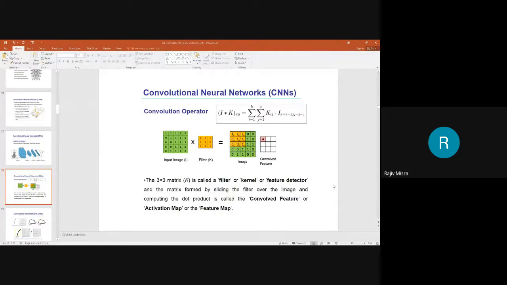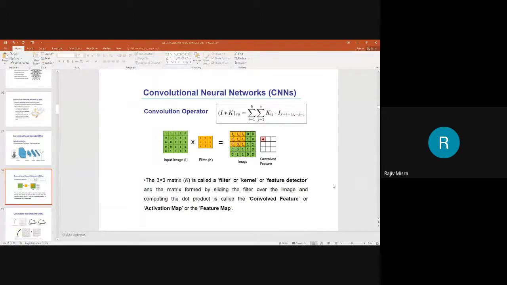So if you stride, that means if you shift this filter one column to the right, one row, then let us understand what will be the value of this convolved feature. So it will become 1, it will become 0, and it will become 0.